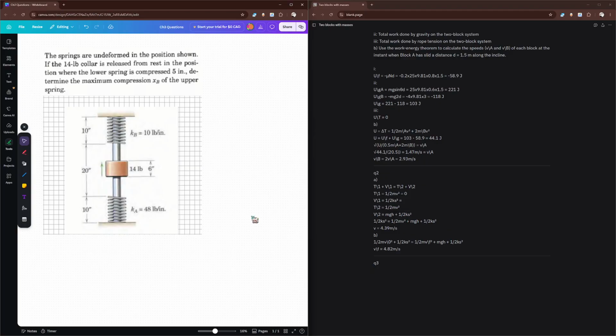Also, I forgot to say that this S is 0 because there's no extension of the spring at that point, right? I forgot to mention that. This S is 0, so you can just ignore this term as well. Si equals 0. Yi equals 0. So there's no initial potential energy. This is just equal to 0.